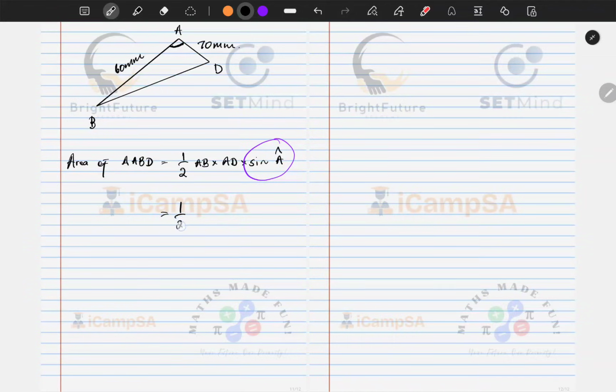So 1 over 2 times 60, times 70, times 4 root 3 all over 7. This eventually gives you the answer that they said we must prove.